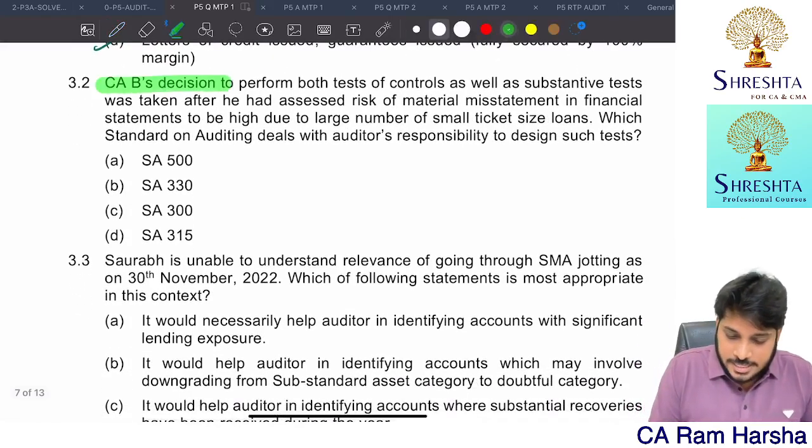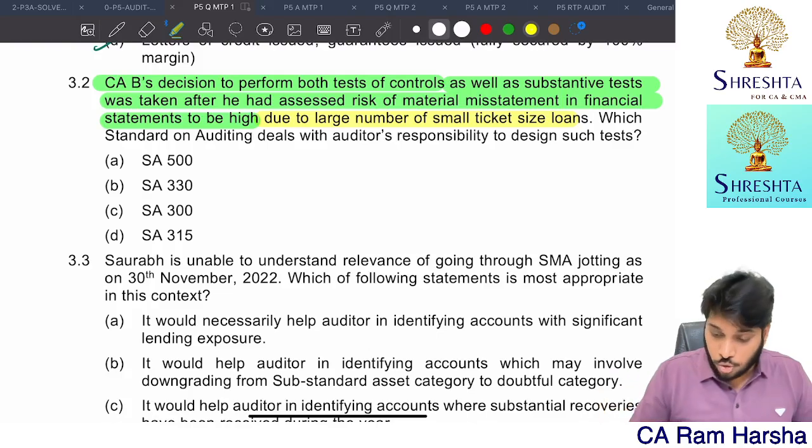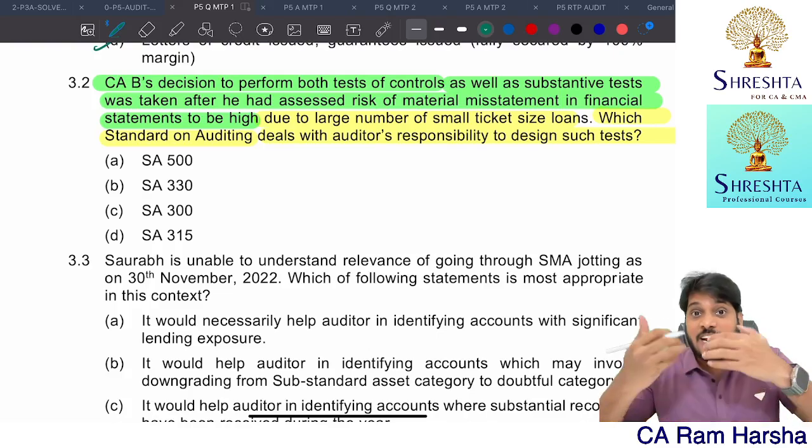CAB's decision to perform both the test of control as well as substantive test was taken after he assessed risk of material misstatement in financial statements to be high due to a large number of small sized loans. Which standard on auditing deals with auditor responsibility to design those tests?